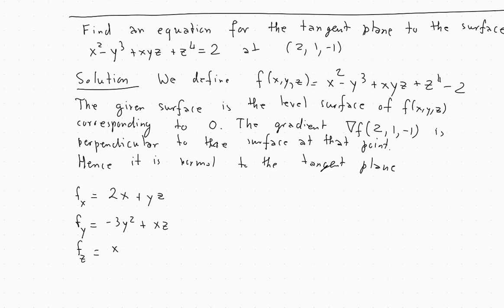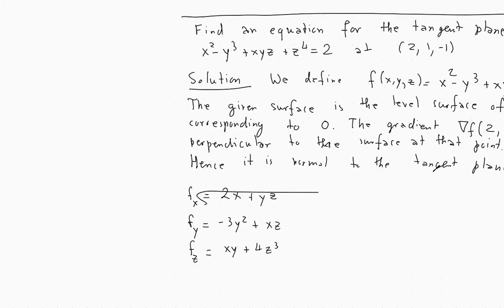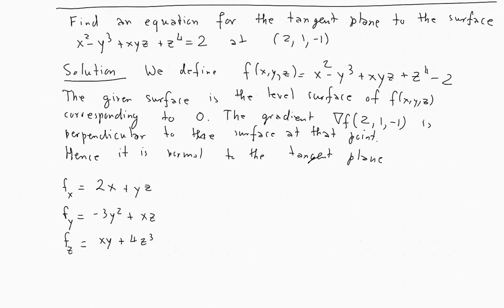So we get, oops, sorry. Seems that Zoom sometimes is playing these games. So f sub x of 2, 1, negative 1 is going to be what? 4 minus 1, I guess, which is 3. Right.